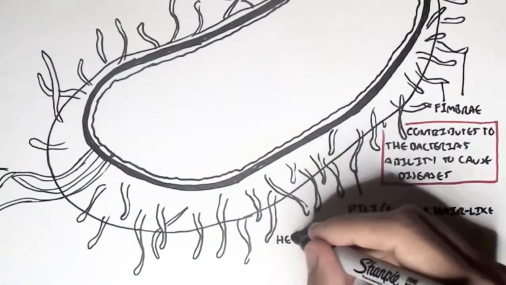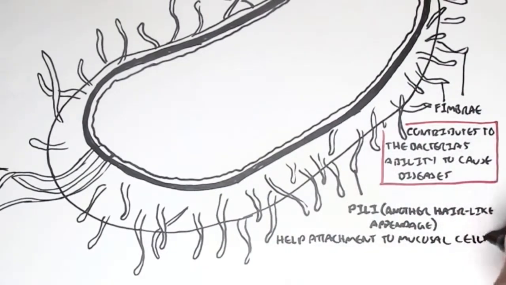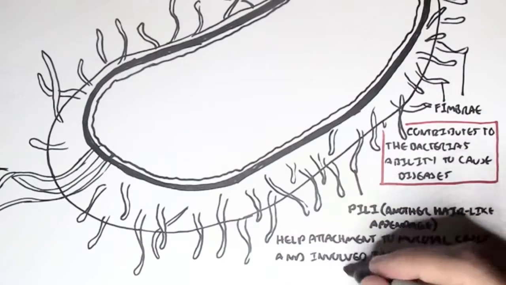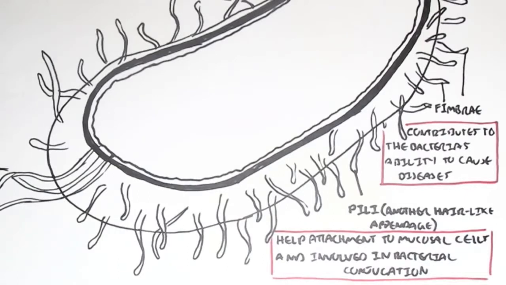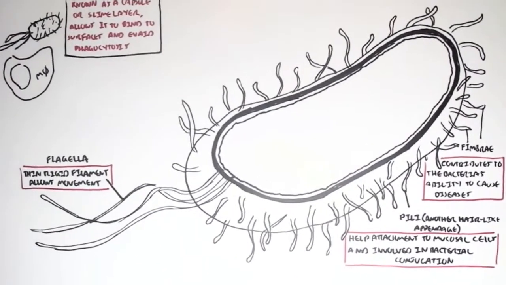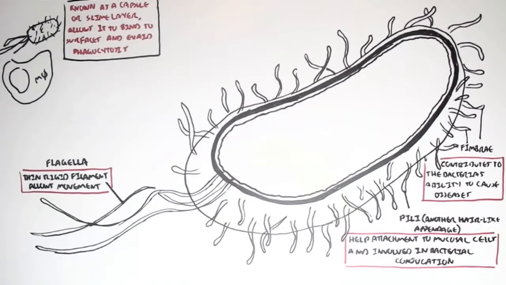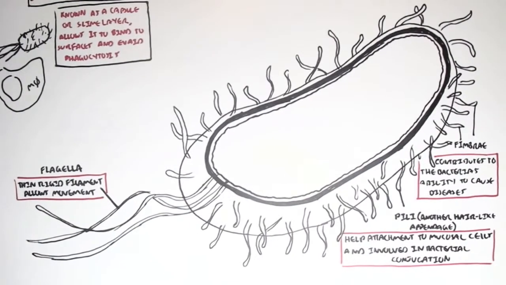This can also be done by the pili. The pili is another hair-like appendage, just like the fimbriae, and the pili help attach the bacteria to mucosal cell surfaces. The pili are also involved in what's called bacterial conjugation. Bacterial conjugation is essentially the transfer of genetic material from one bacteria to another by forming a bridge using a pili.